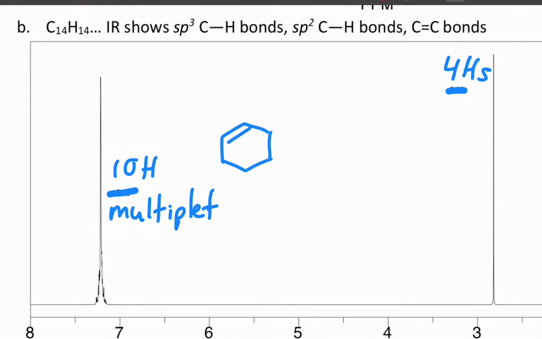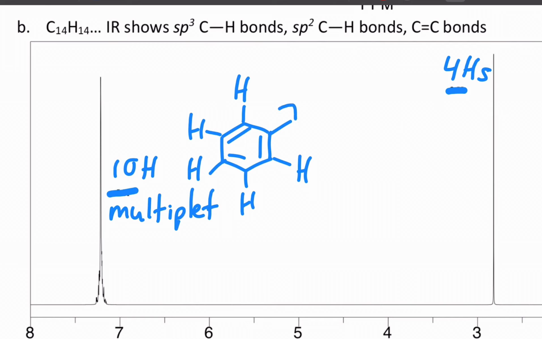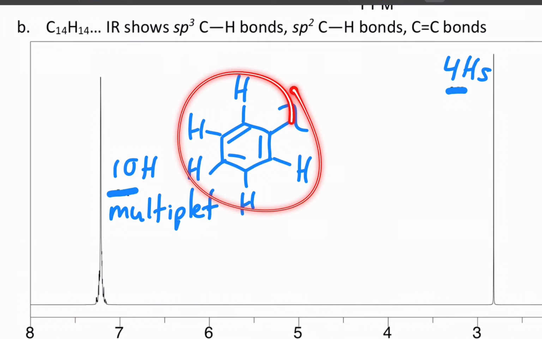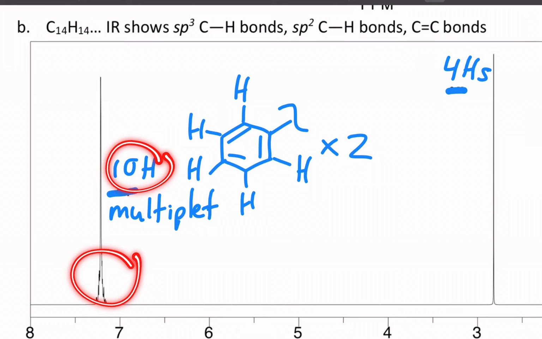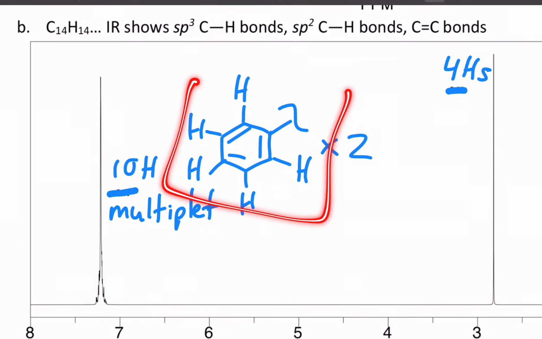The molecule benzene with 6 hydrogens on it would be a single singlet and nothing else. But it could be a monosubstituted benzene, in other words, a phenyl group. And a phenyl happens to be 5 hydrogens. Well, if I have 2 of them, that would give me 10 hydrogens all in this range. That also takes care of quite a bit of the molecular formula.